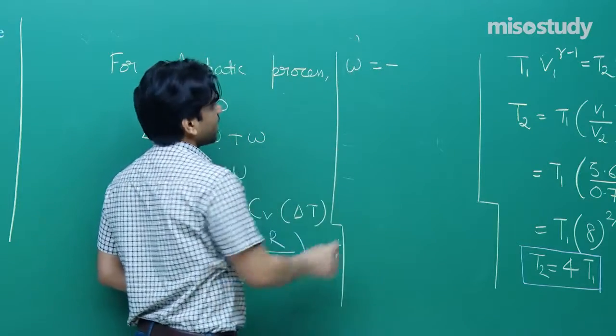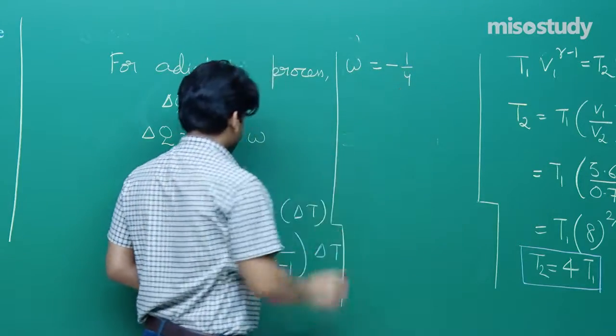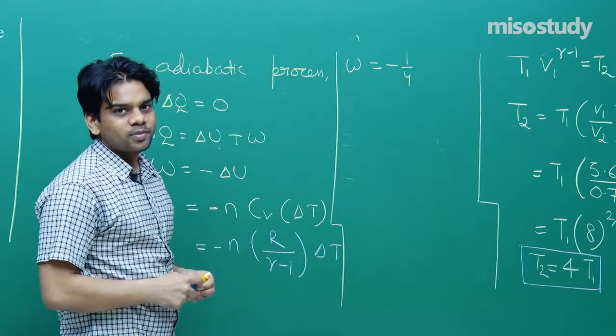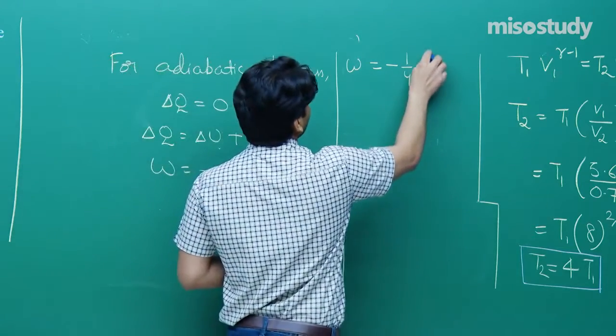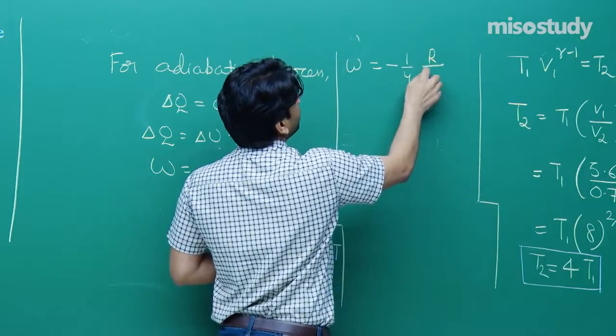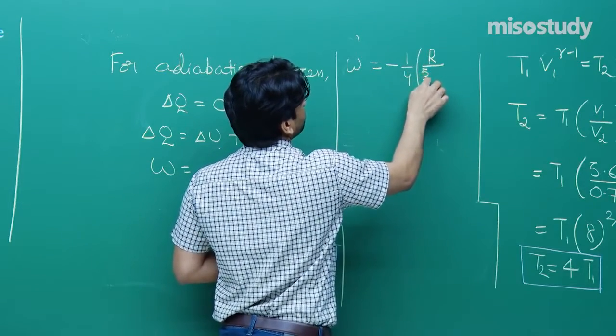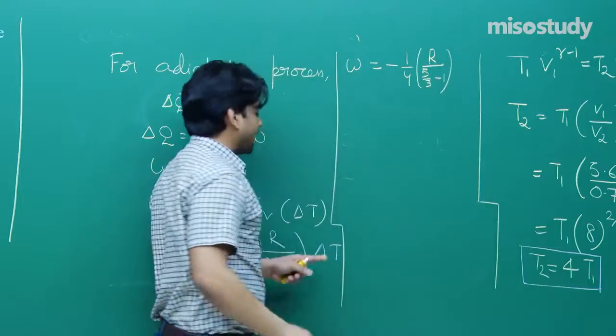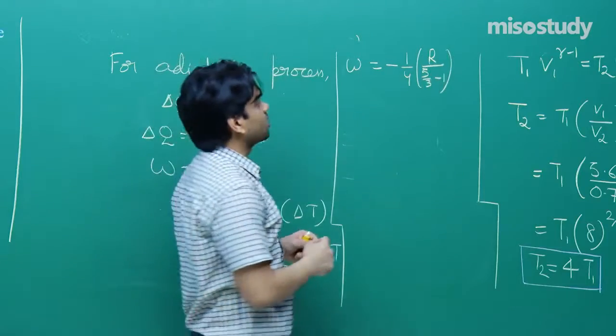Work done is equal to minus n as 1 by 4, and then R upon gamma minus 1, 5 by 3 minus 1, multiplied with delta T, T2 minus T1.